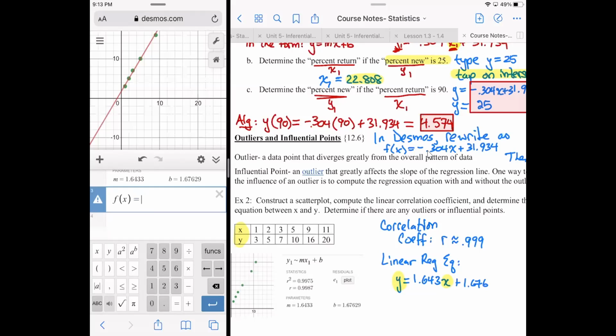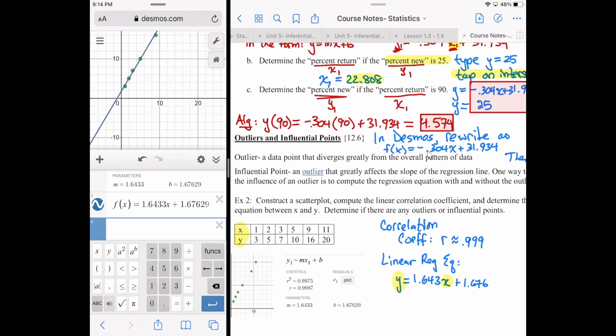So again, this question is not asking us to do this, but I know people want to learn how to do it, so I'm doing it anyway. 1.64. We could put as many decimals as they have there. There's nothing wrong with that. x plus 1. You could also put the rounded values. I'm fine with that. 629. So we're just retyping it, but using f of x instead of y.